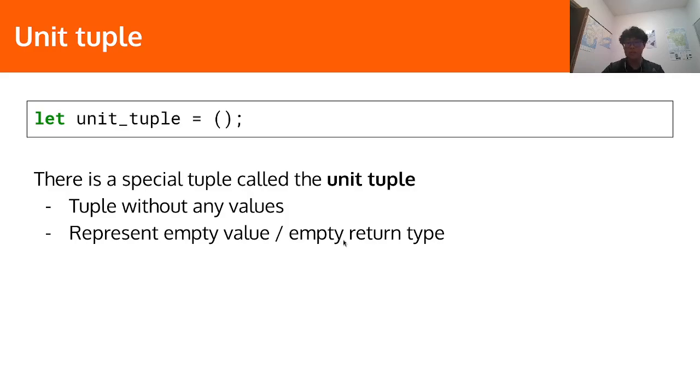So when we have functions that don't have a return type specified, they actually return a unit tuple. You don't have to be too concerned about this. It's just something you should know, that there's such a thing called a unit tuple, which is basically an empty tuple, and you might encounter it as you read the documentation and run some other functions.